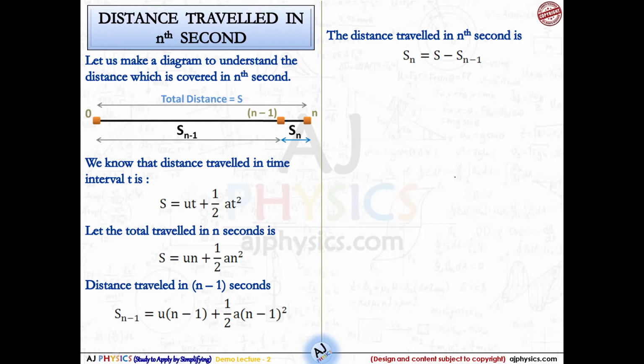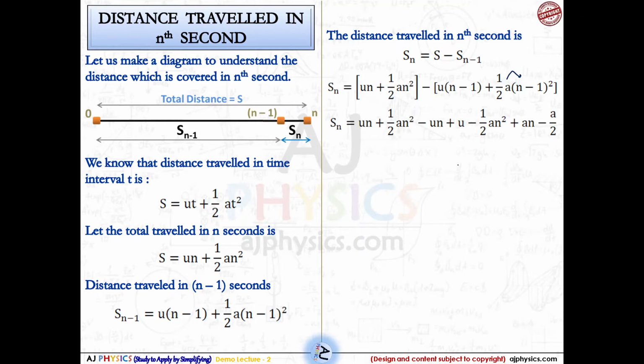So this requires simple algebraic solving, like you have to open up the brackets and solve this whole stuff, and you will definitely get the answer. Maybe I can help you a little, but you have to be quick in the calculations. This will be un minus u, and this is n square minus 2n plus 1, and then you have to multiply half a with all these three terms.